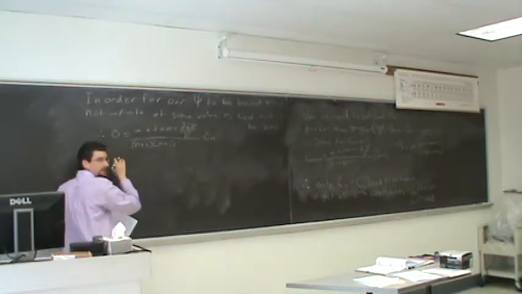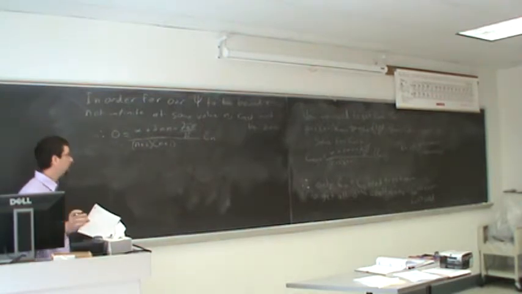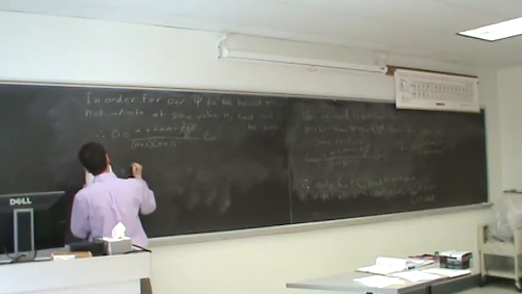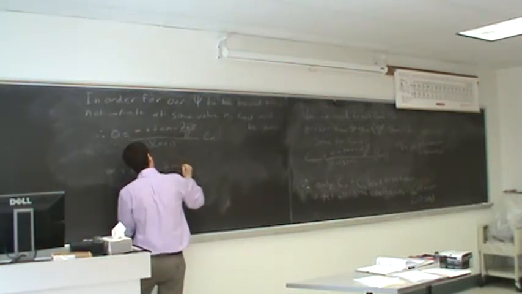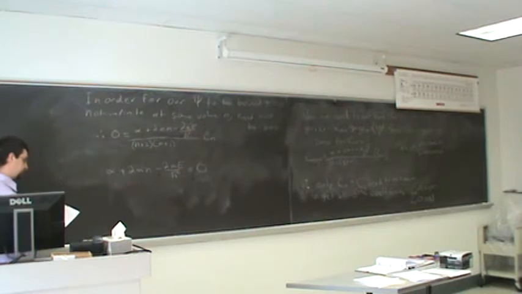We'll have some alphas that we'll have to worry about, but we've gotten rid of those coefficients completely. So we end up with alpha plus 2 alpha n minus 2mE over h bar squared is all equal to 0. Okay.